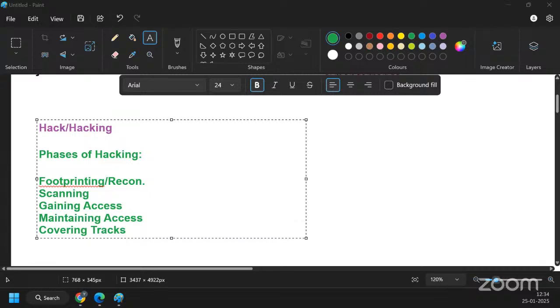Now, in this scenario, have you guys heard about the ping utility? Yes. It is a very small utility with the name ping.